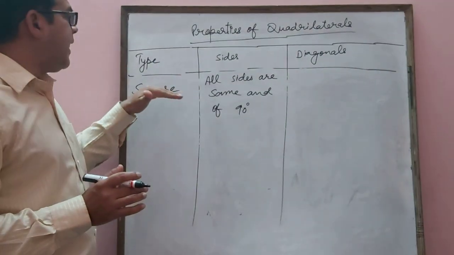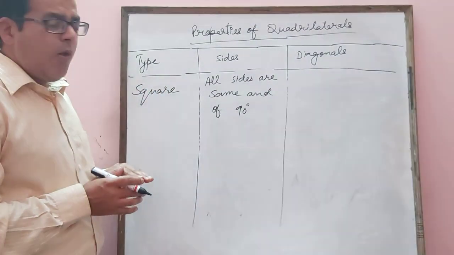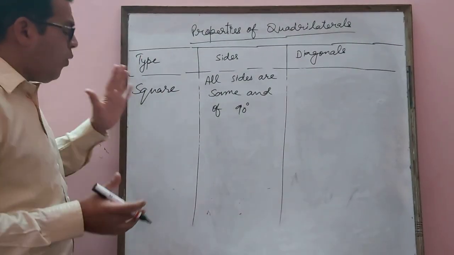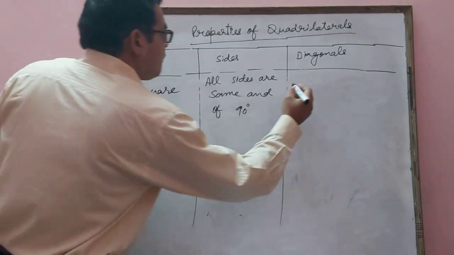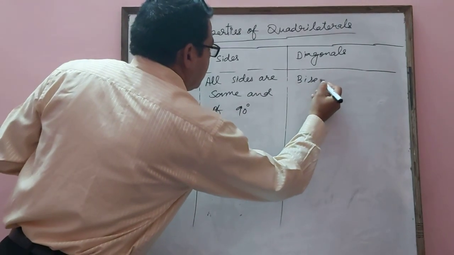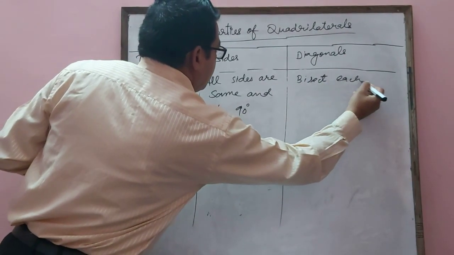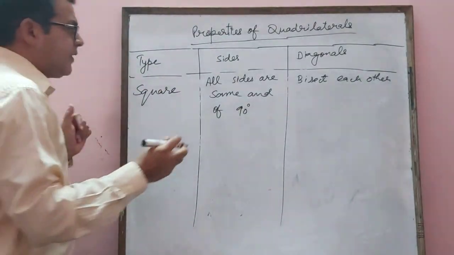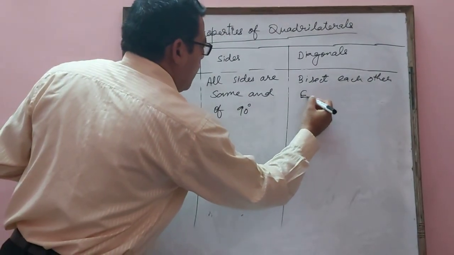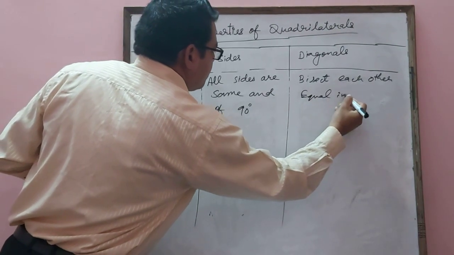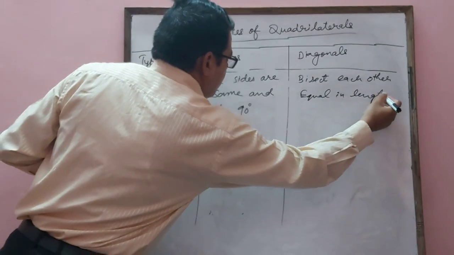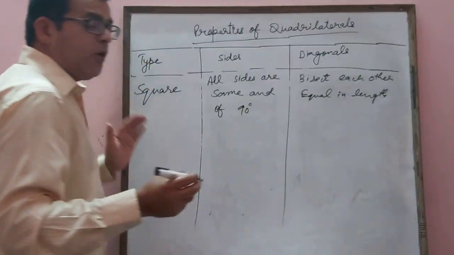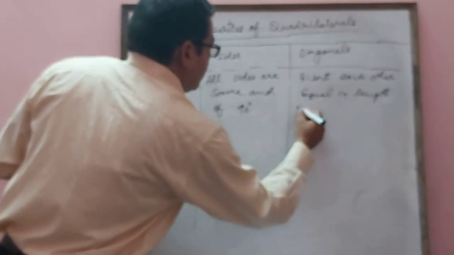So all the sides of a square are the same and each angle is 90 degrees. So what is the property regarding diagonals? They bisect each other. This is the very first property. Second one, equal in length. And one more is there, that diagonals are perpendicular to each other.